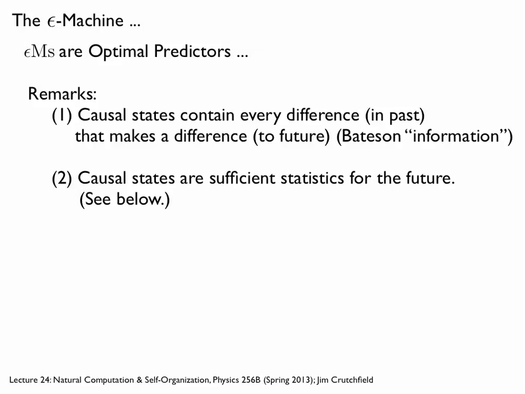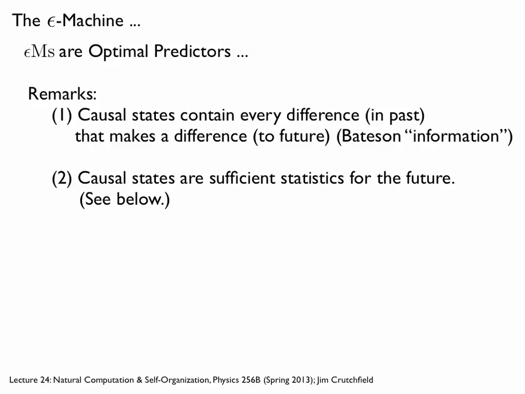So here we can see the causal states as capturing that. The causal states contain every difference in the past that makes a difference in predicting the future. That's exactly how that predictive equivalence relation is constructed. We don't make distinctions between pasts that are predictively equivalent. What are we trying to do? We're trying to predict the future.